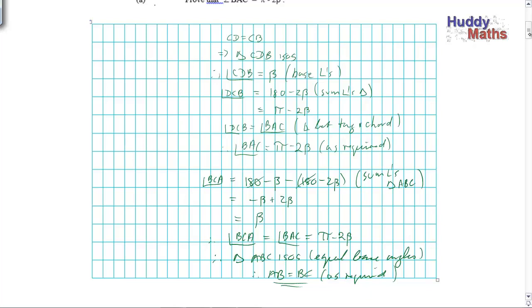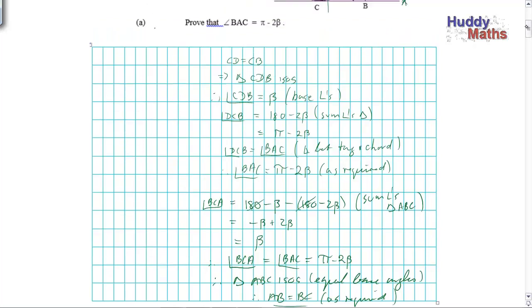I've got the diagram up the top here still. We'd give one mark here for finding that it's equal base angles. And probably the tangent chord theorem, and the sum of angles of a triangle. Those three important concepts or theorems had to be used for 3 marks.